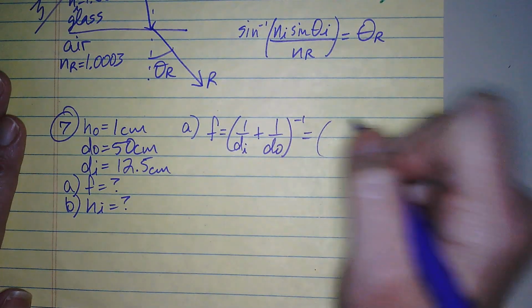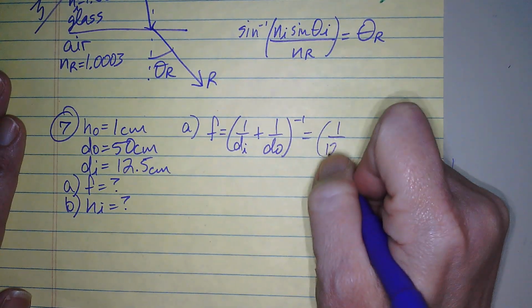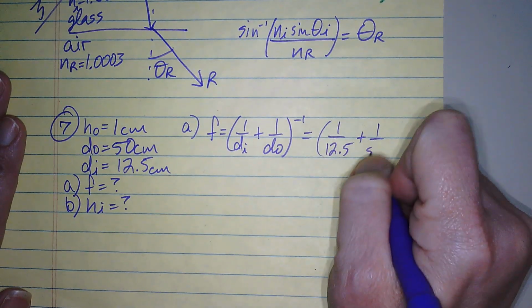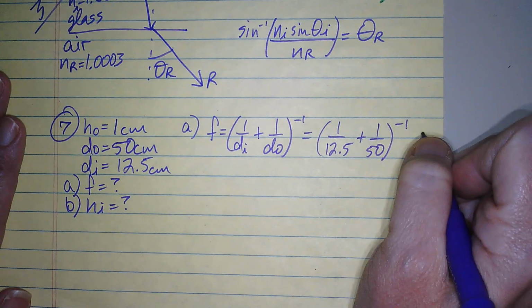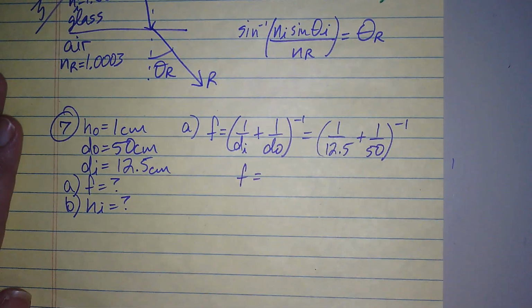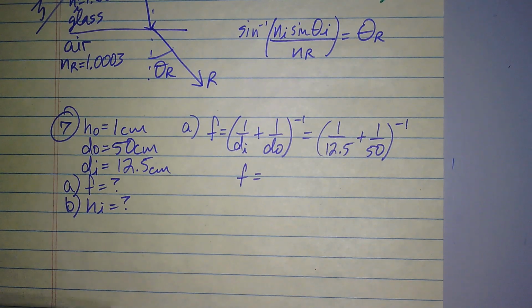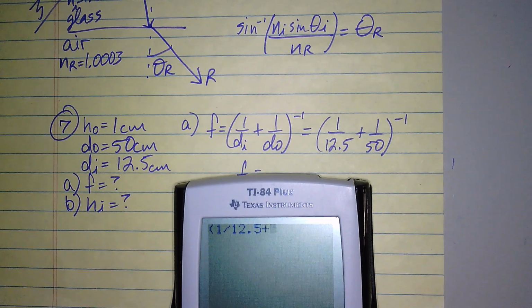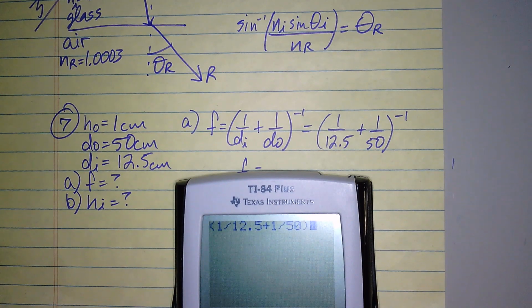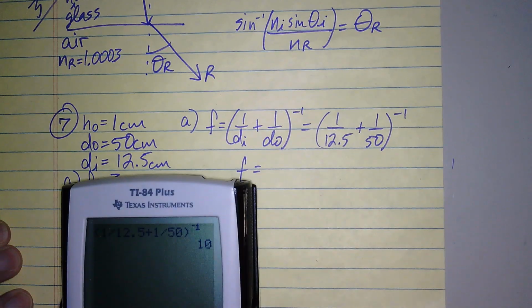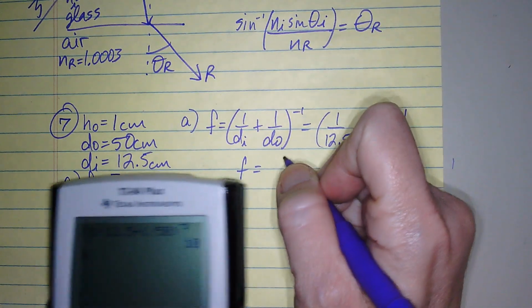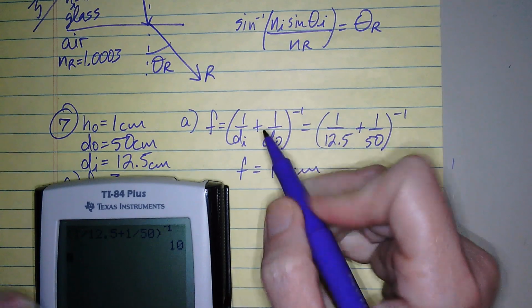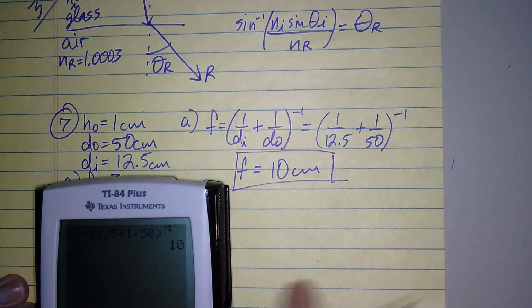So that would be 1 over 12.5 plus 1 over 50, inverted. And you get 10. Okay, so F is 10 centimeters.